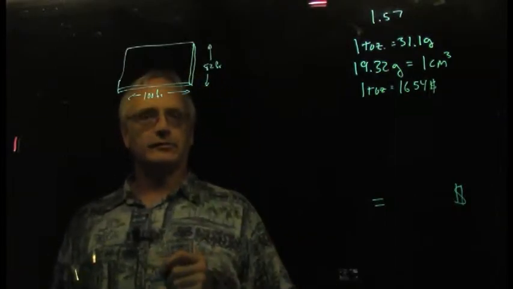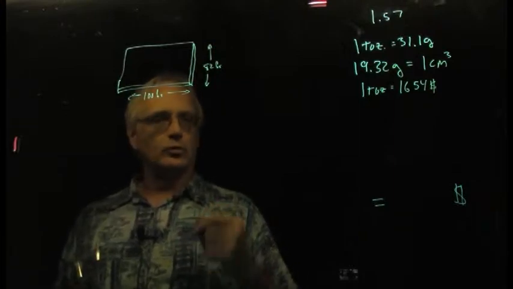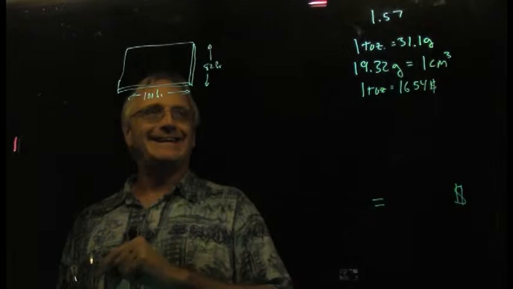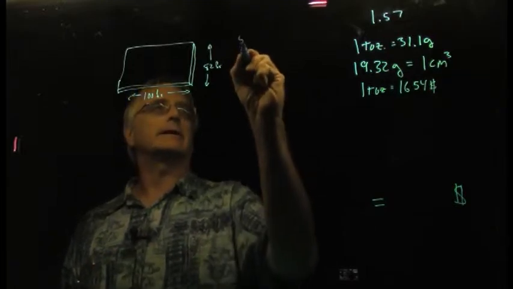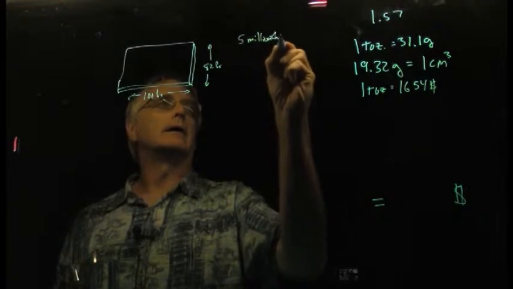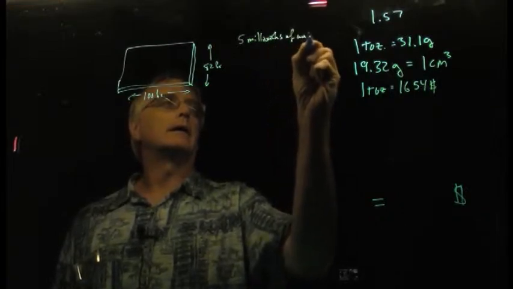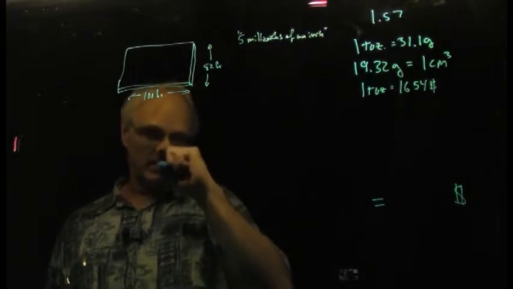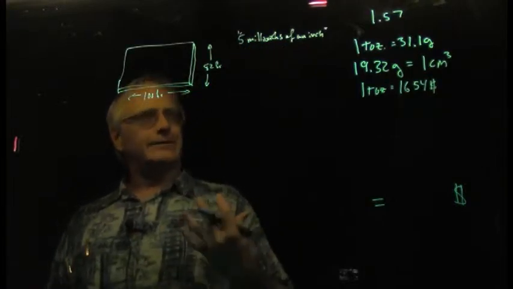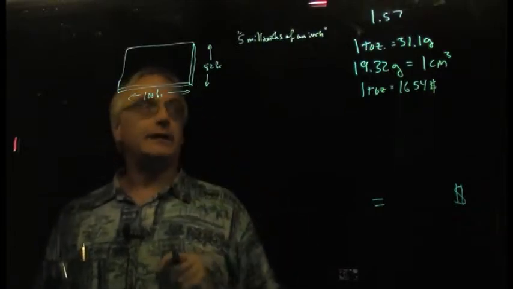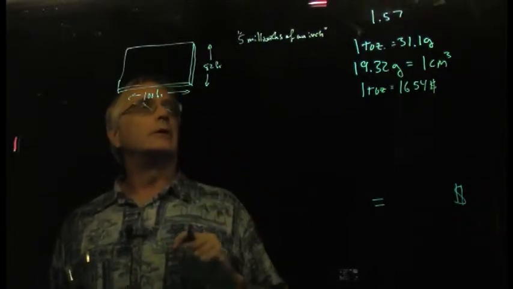And in fact, for this one, they say in words 5/millionths of an inch thick. I'm going to write that down. That's how they phrase it in the problem. Now, in order to interpret 5/millionths of an inch, that's not much, real small.